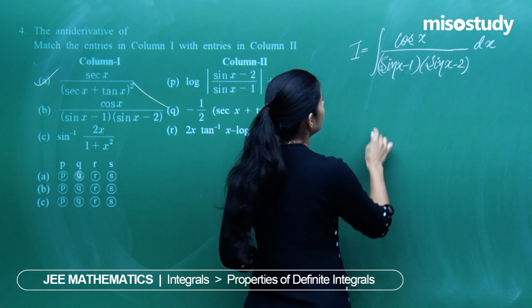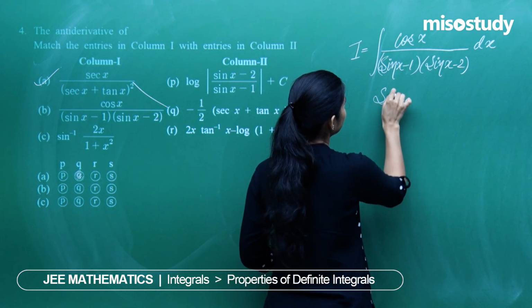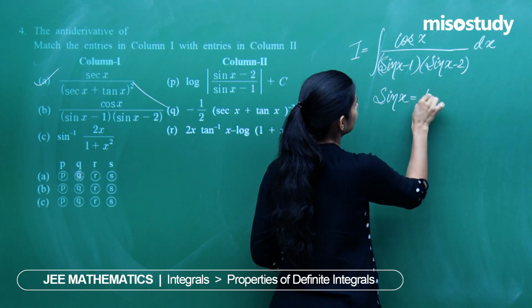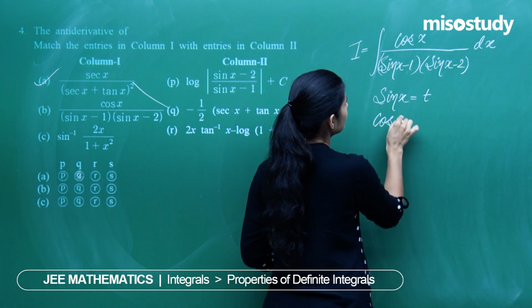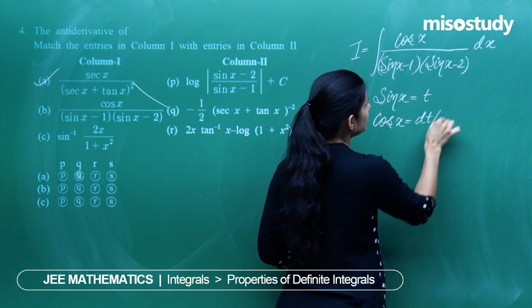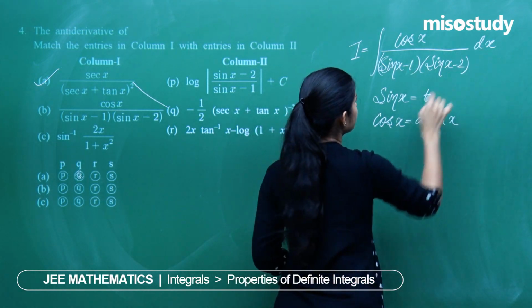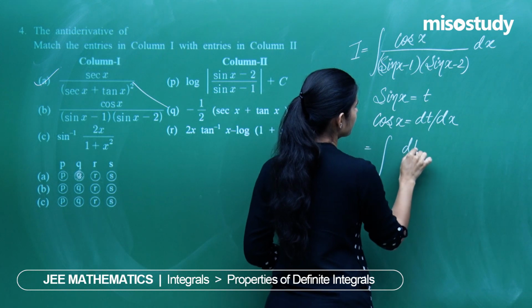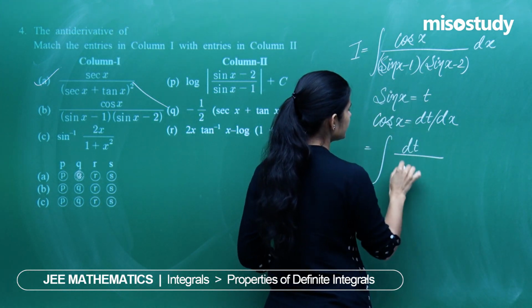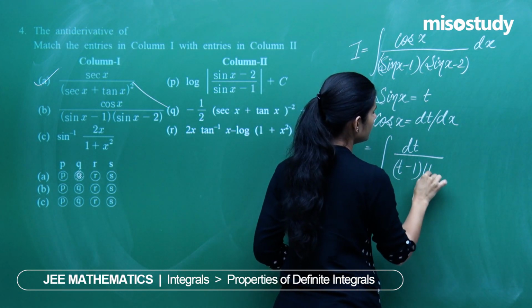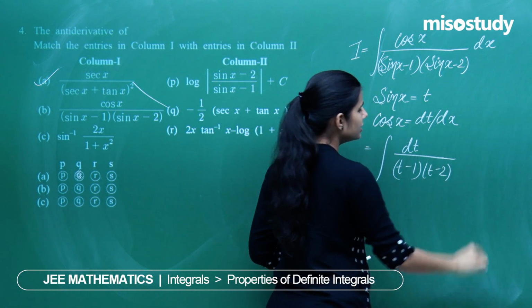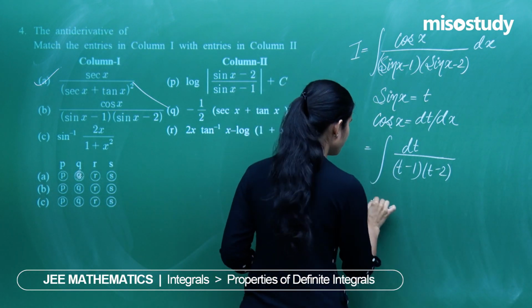Here I take sin x equals t. When I do this, I get cos x equals dt by dx, or cos x dx is dt, upon sin x is t. So you get (t minus 1)(t minus 2).